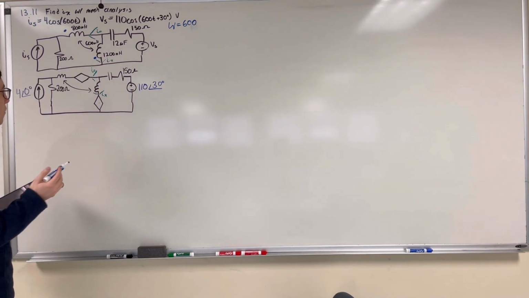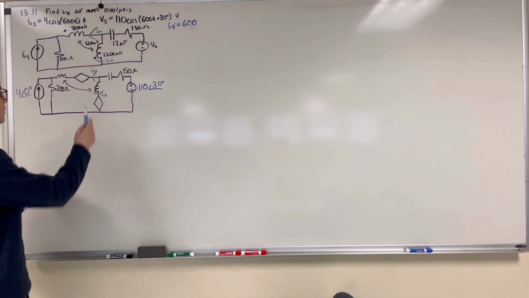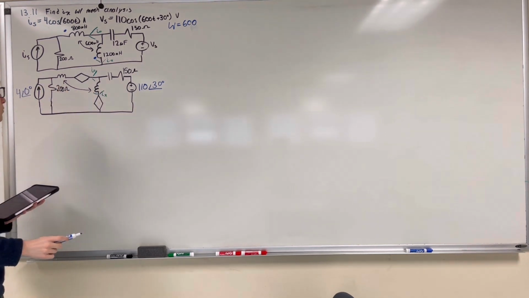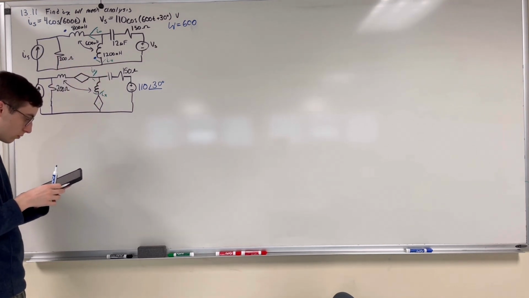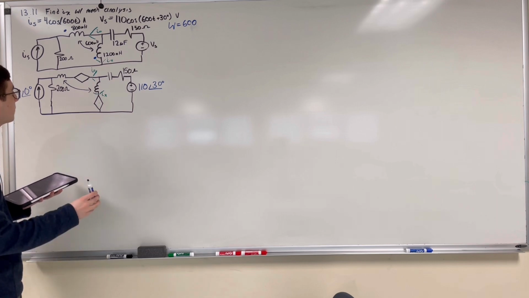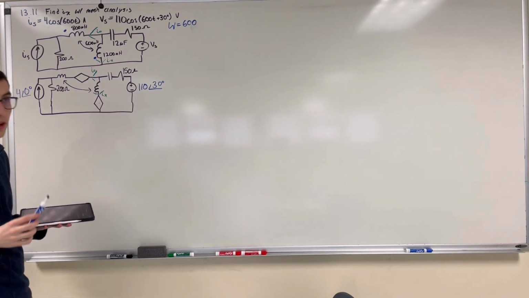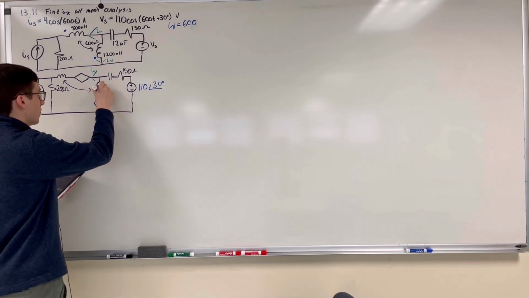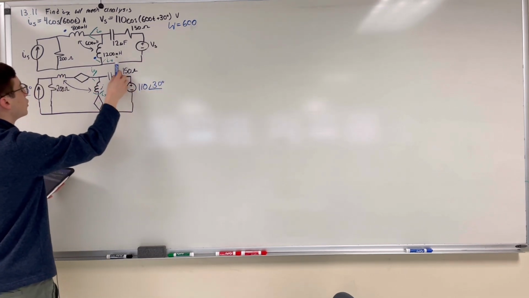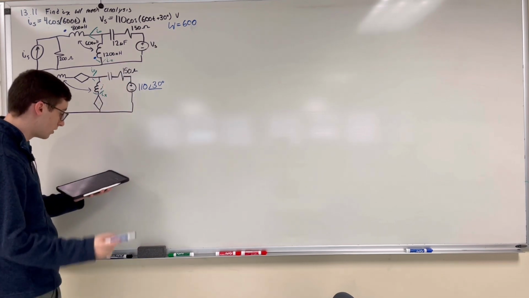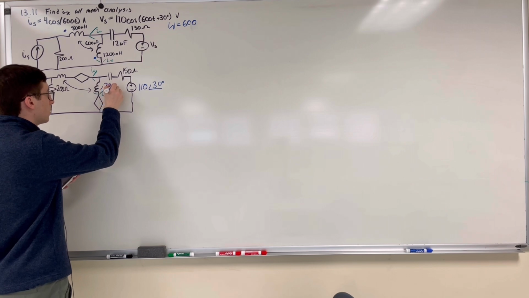So now, with those two sources, I'm going to move on to the inductor, capacitor, and this inductor over here, and the mutual impedance. So for inductors, remember, it's j omega L. So j times omega, which is 600, times 1200 is going to be equal to 720j.